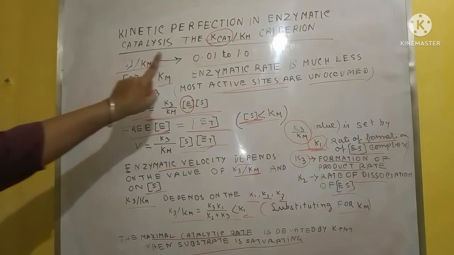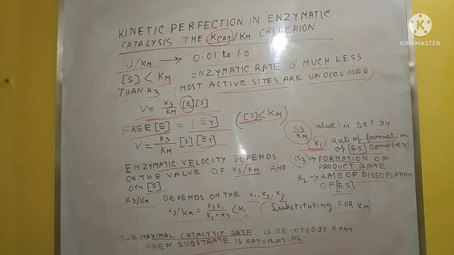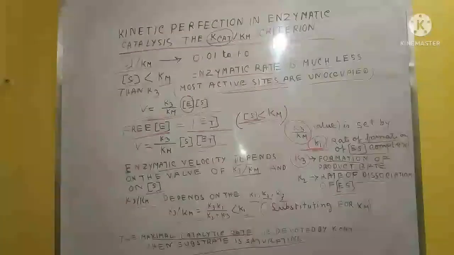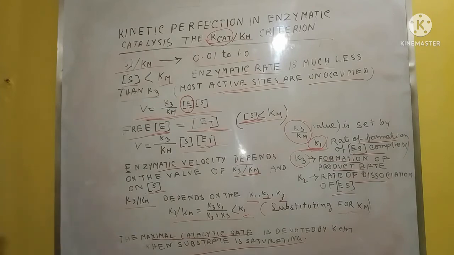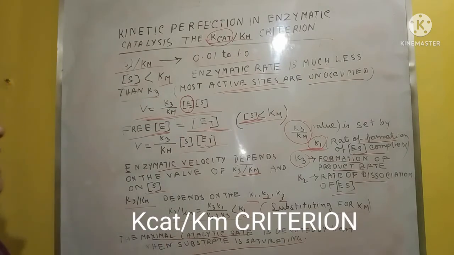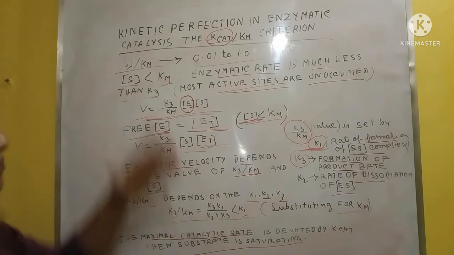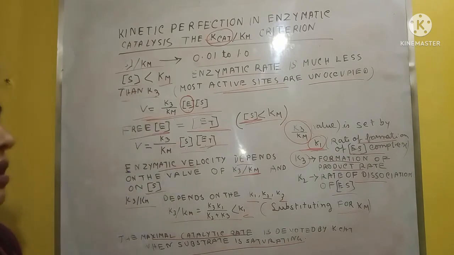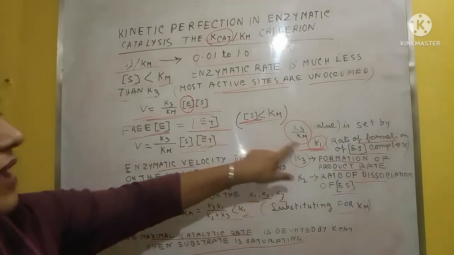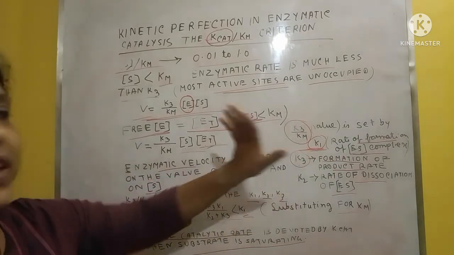This is the Kcat and Km criterion, and the situation in which the maximal catalytic rate is created is explained here. So you learned how the catalytic rate is calculated or recognized. The actual values of K1, K2 and K3 are very important here.